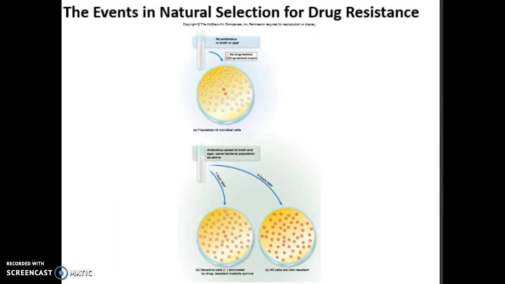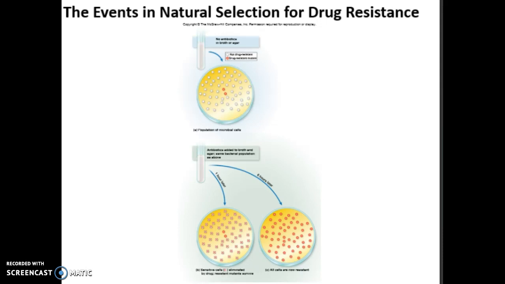All right, and the last slide of this section is looking at how we can actually select for drug resistance in our own body. And what you see at the top is bacteria cells that are being grown in a test tube that do not have any antibiotics.